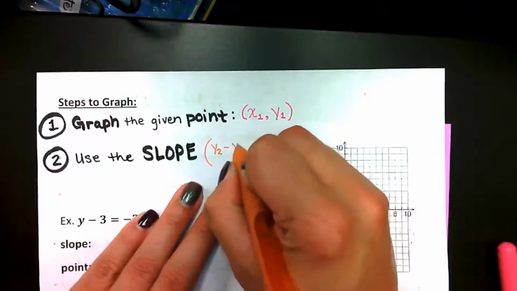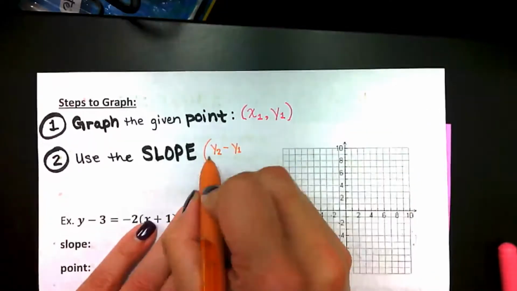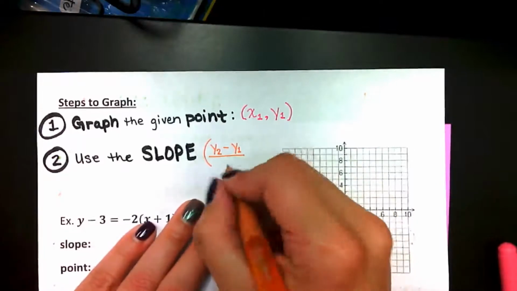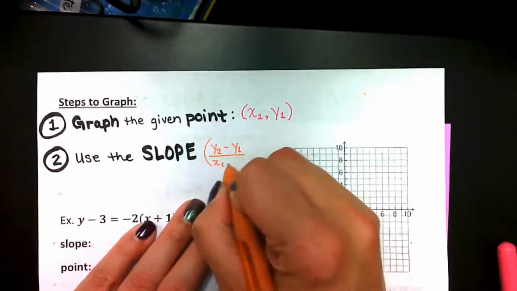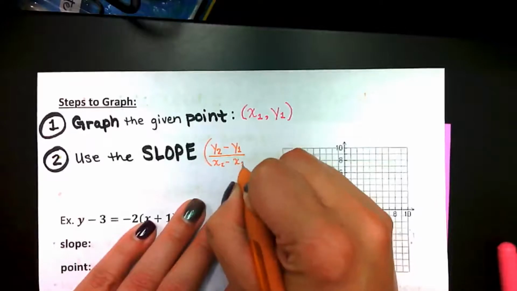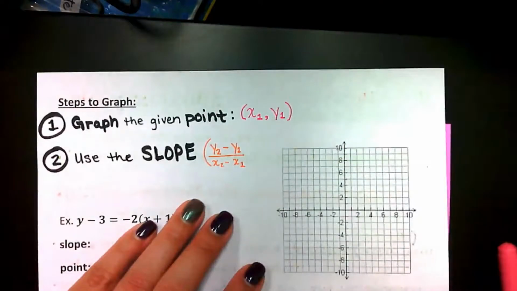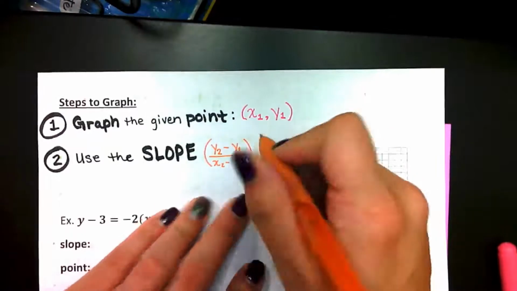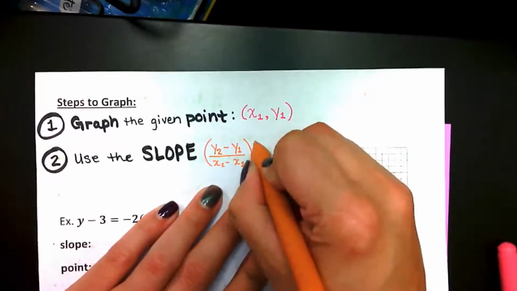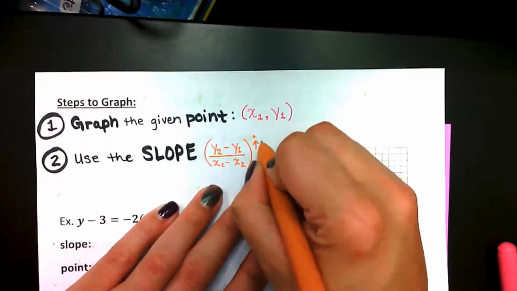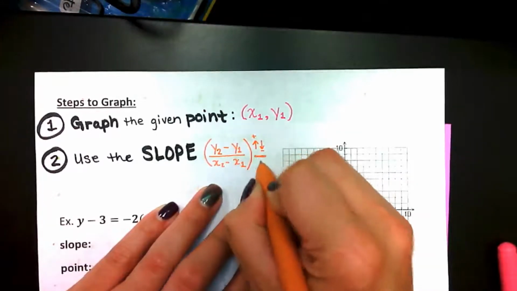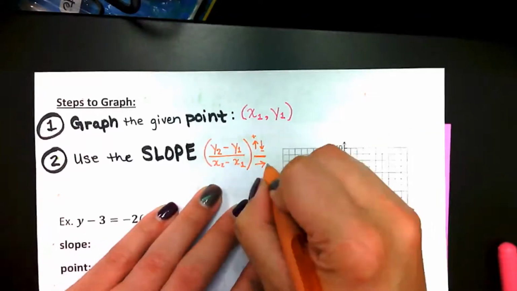That would be the equation to find slope. Some of you write this in backwards, but I'm going to write it the correct way. y sub 2 minus y sub 1 over x sub 2 minus x sub 1. Now, do recall, just as before, it'll go up if it's positive, down if it's negative, and of course, you should always move to the right.